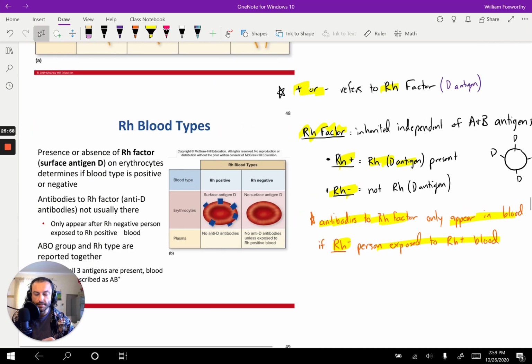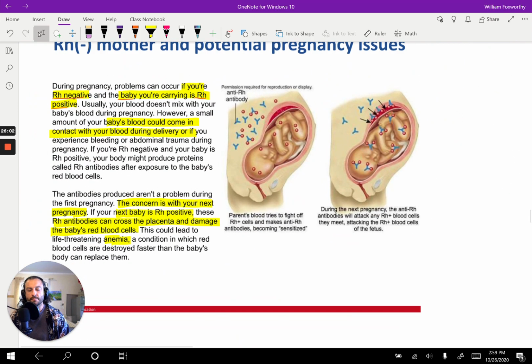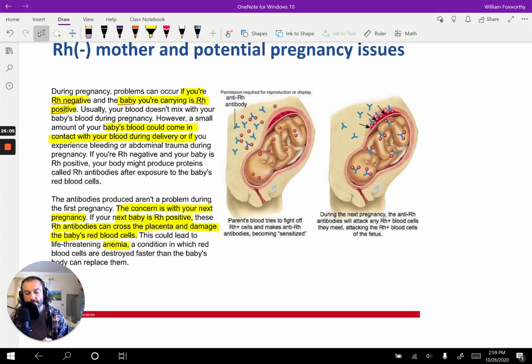And that becomes important, particularly for women, because if you're Rh negative and you're carrying a baby that is Rh positive, like this guy here is Rh positive, well, normally your blood and the baby's blood are separated from each other, but as it says here, the baby's blood could come in contact with your blood during delivery.